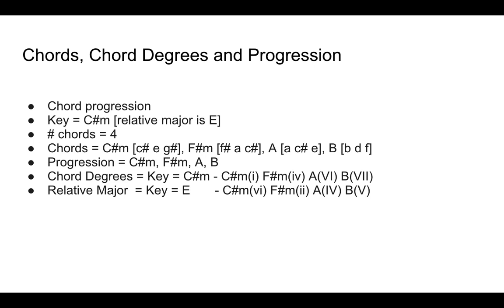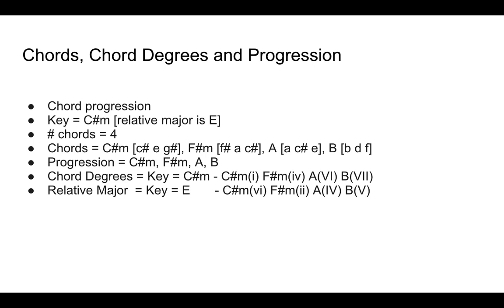So how many chords are in the chord progression? There are 4. And what are those chords? They are C sharp minor, and then the next chord is F sharp minor, and then it goes to the A chord and the B chord.